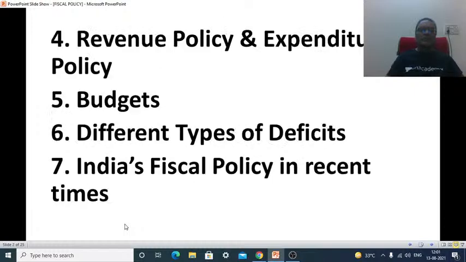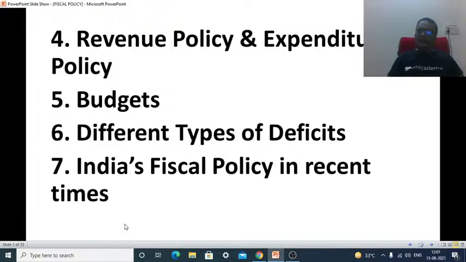And as part of this, we will be looking at revenue policy, expenditure policy, budgets, different types of deficits, and also India's fiscal policy in recent times. So this is what we shall be looking at as part of today's discussions.